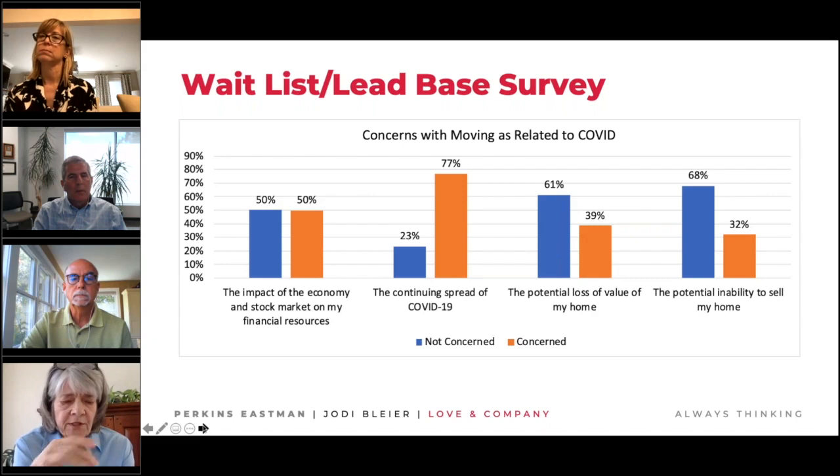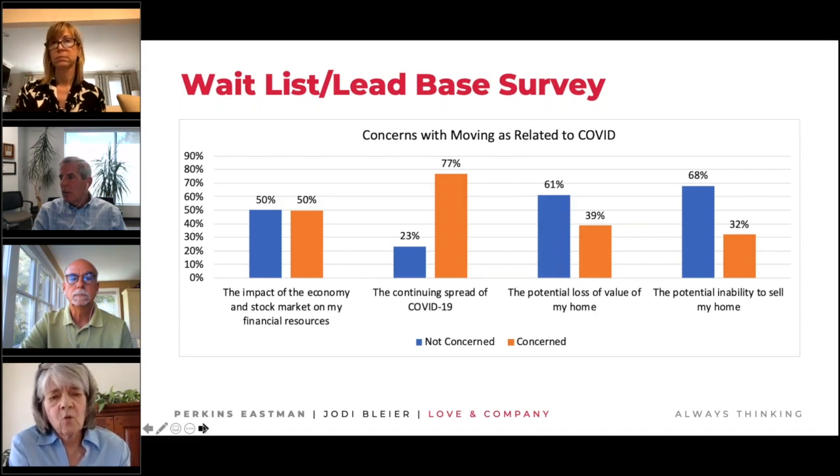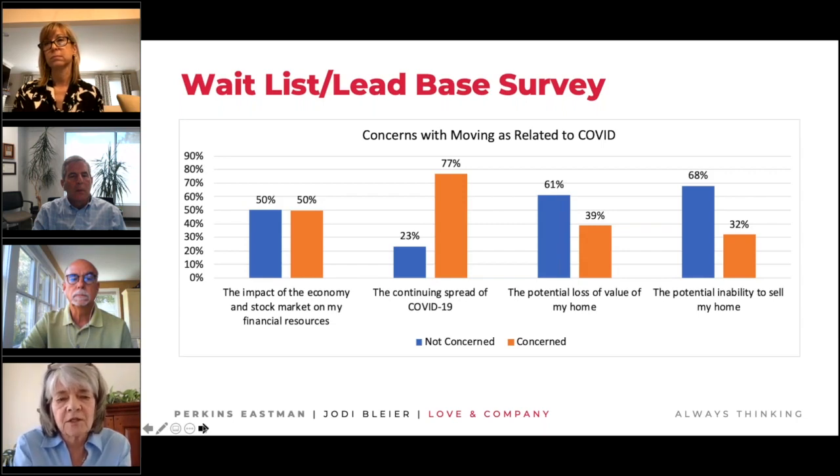Another question that we raised in the survey was concerns in 4 key areas. The 4 key areas were the impact of the economy, the continuing spread of the virus, the potential loss of home value, and potential inability to sell the home. And we find that the continued spread of the virus is clearly the biggest concern for people at this point, followed by the economy.